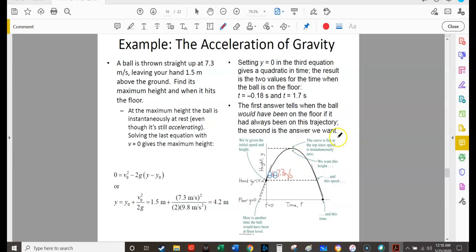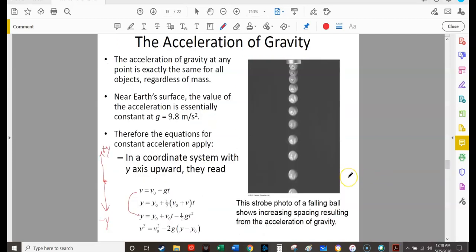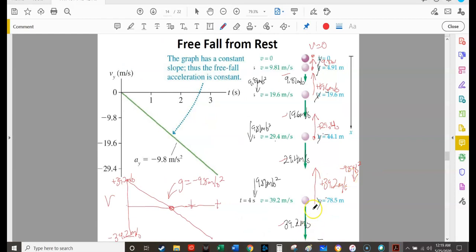Well, when this ball is coming back down into your hand, it's going to be traveling down at 7.3 meters per second, based on what we just learned. If you shoot a ball up at 39.2 meters per second, it's going to be in these same places as when it is coming back down, and it'll be coming back down at 39.2 meters per second. And that is because gravity is always constant and is always down at 9.8 meters per second squared.